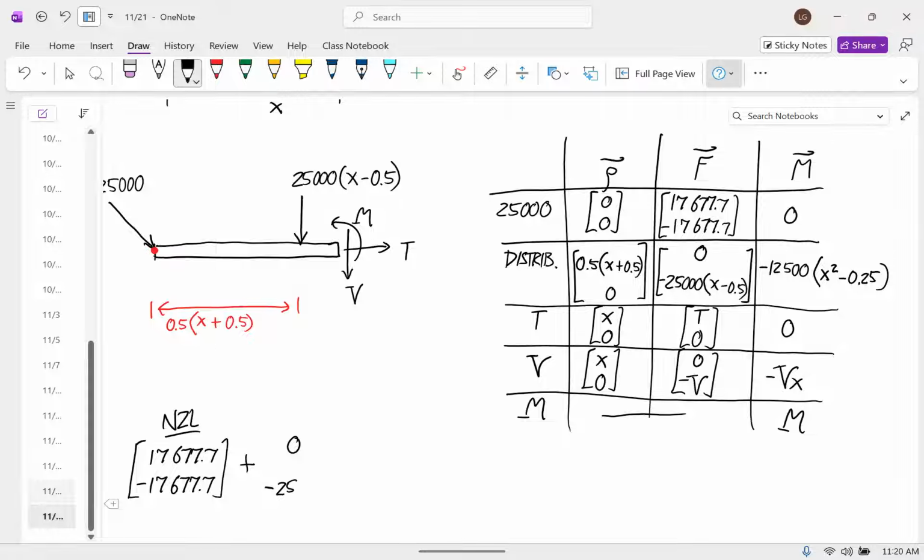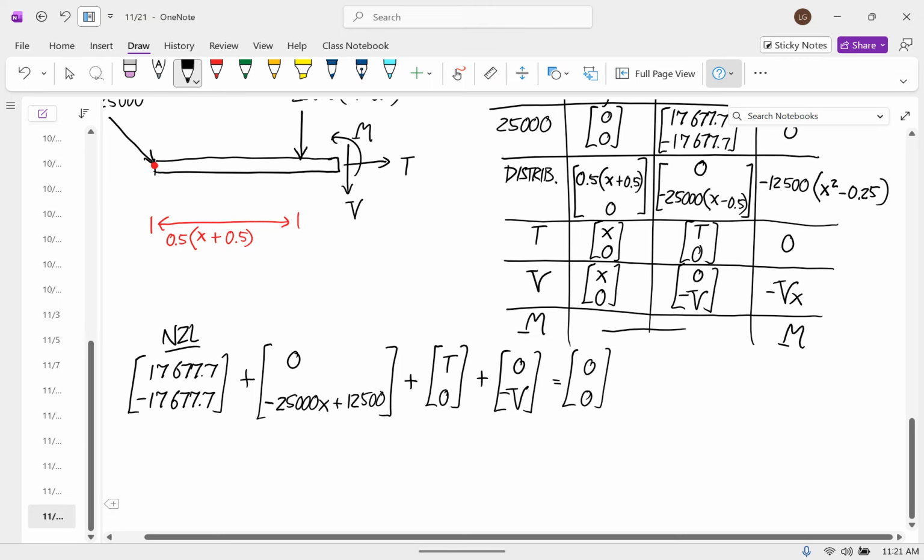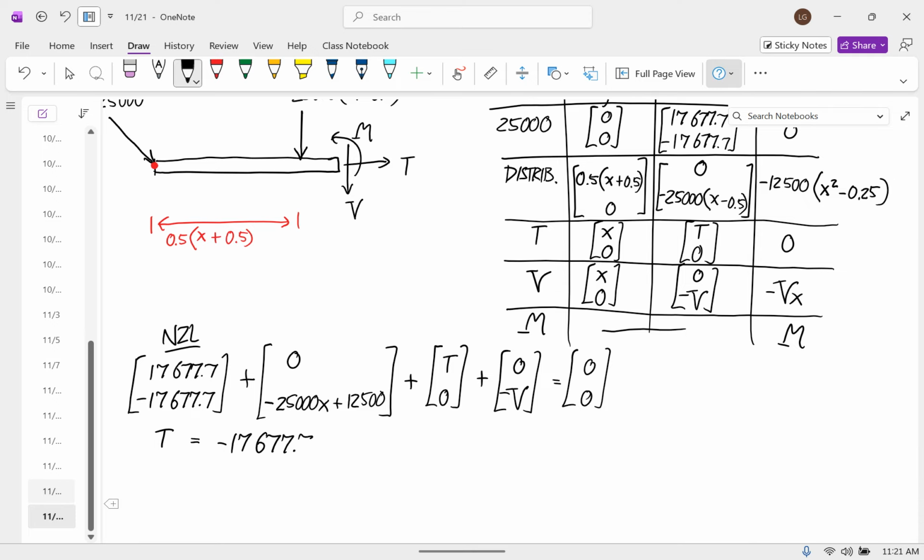Negative 25,000x plus 12,500 plus T, 0, plus 0, negative V is equal to zeros. And so T is equal to negative 17,677.7. V is equal to negative 25,000x.